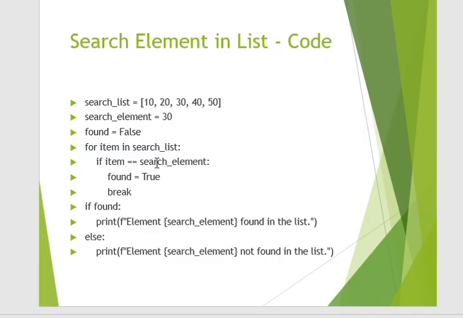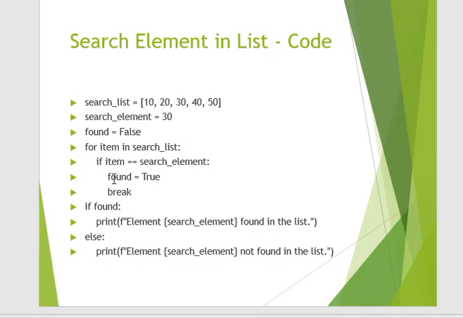If item equals search element, we make found equals to true and we break. We have to break then and there only. We don't have to check further if the element is found. And if the element is not found, this check will keep on going till the last.